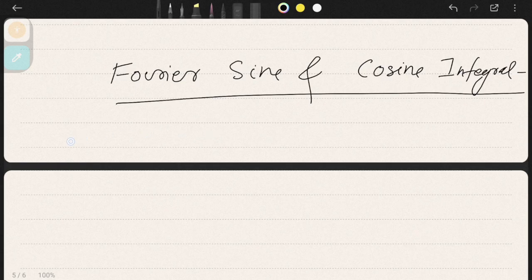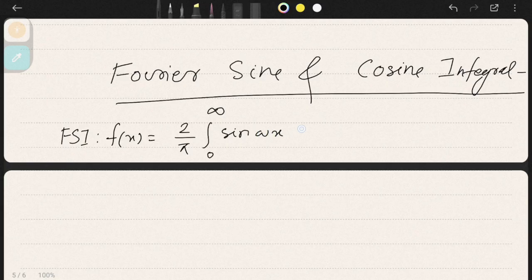The Fourier sine integral is given by f(x) equal to 2 by pi, integral 0 to infinity of sine omega x, times the integral 0 to infinity of f(t) sine omega t dt, and d omega.